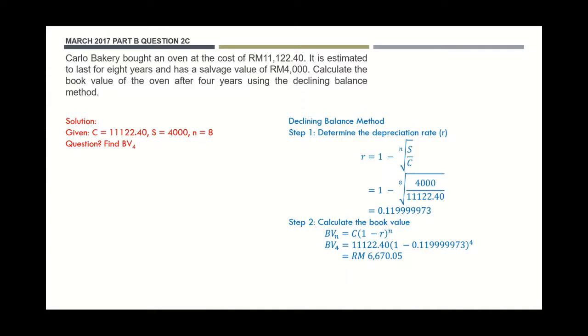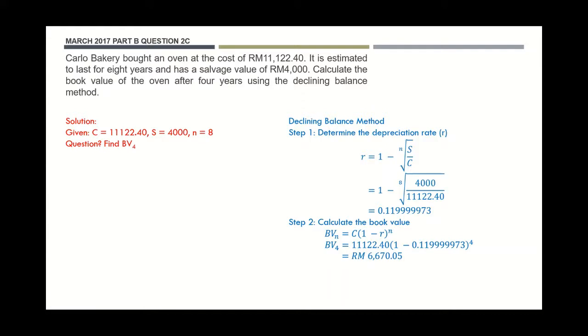So in this case, we are substituting N with 4 because we are looking for the book value at the end of the 4th year. So BV4 is equal to substituting C with 11,122.40, and substituting R with the value that we have just calculated, and N is equal to 4.